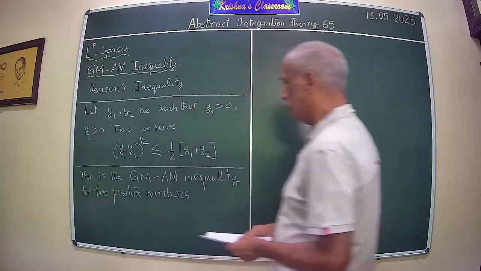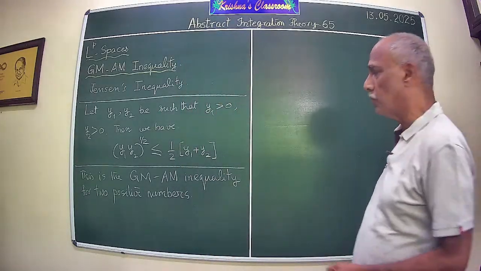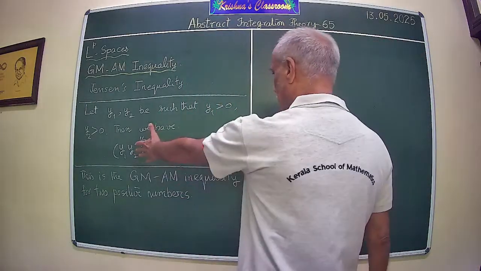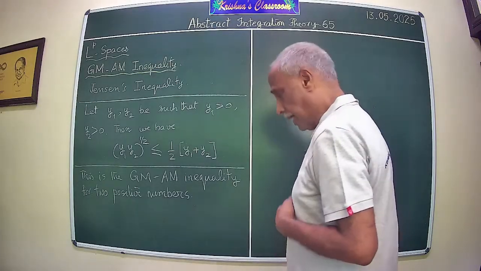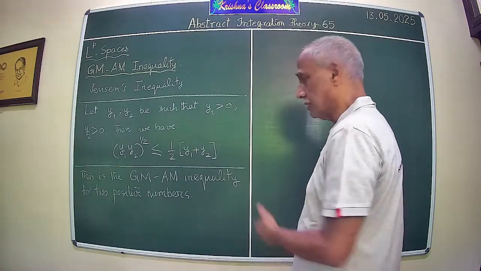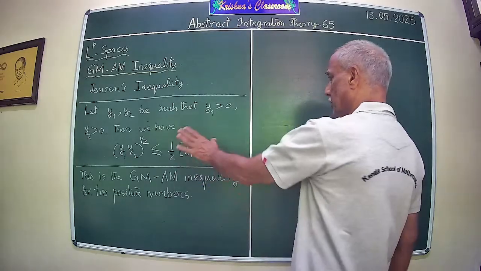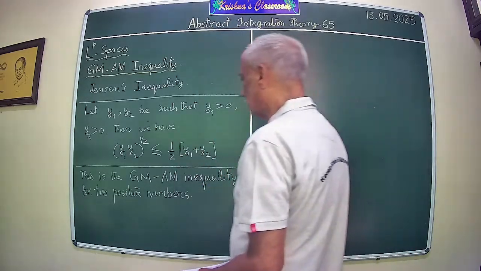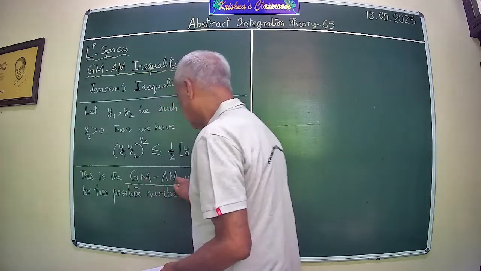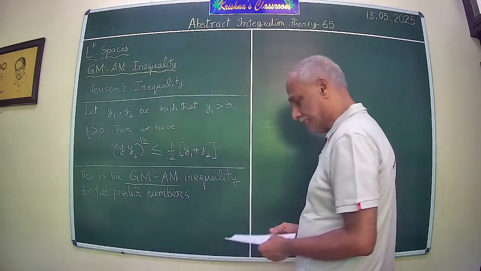This is the GM-AM inequality because on the left hand side you have the geometric mean of y1 and y2, and on the right hand side you have the arithmetic mean. So this inequality is valid. Now this is the well-known GM-AM inequality, and it's quite easy to prove.